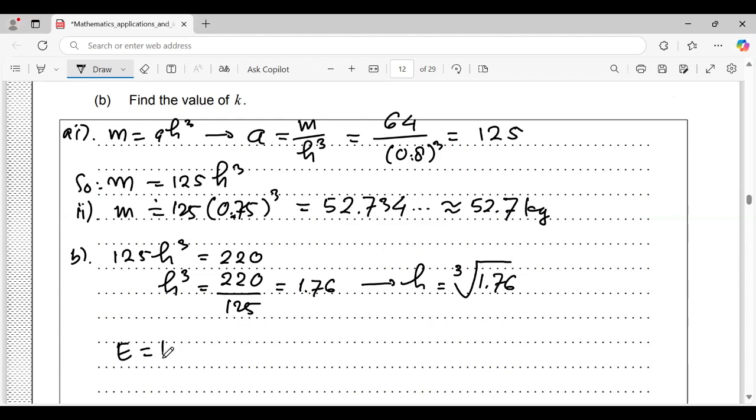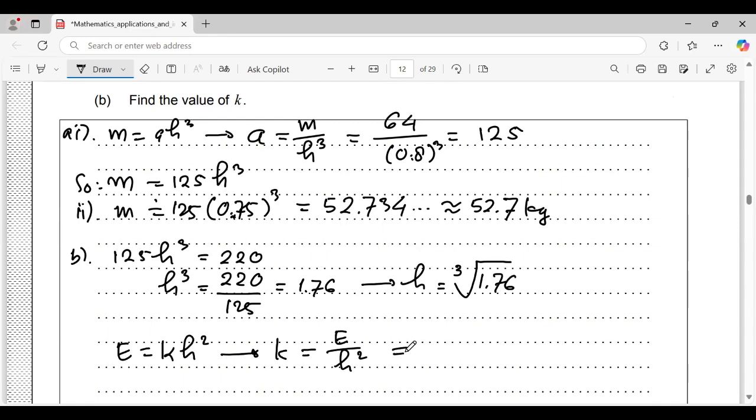So how about E, or energy? Energy is k times h squared. And then if we are going to determine k, with k as the subject, we can rearrange this equation to k equals E over h squared.